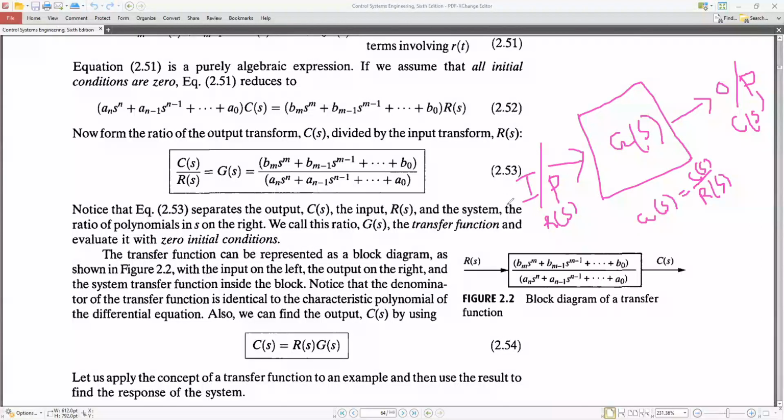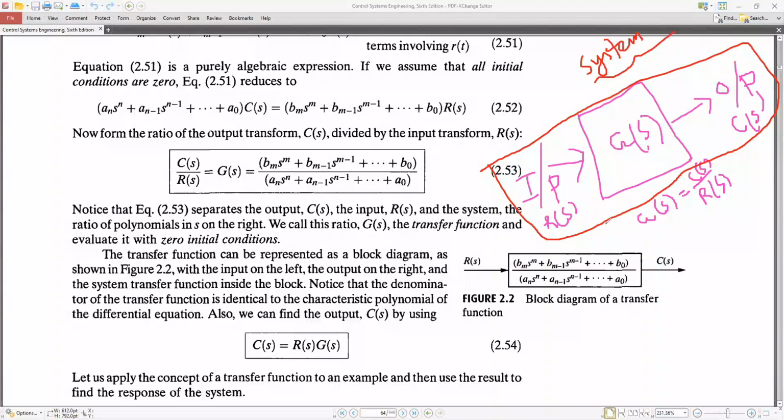This whole thing is a system. The ratio of the output by input is known as the transfer function of the system, G(s).